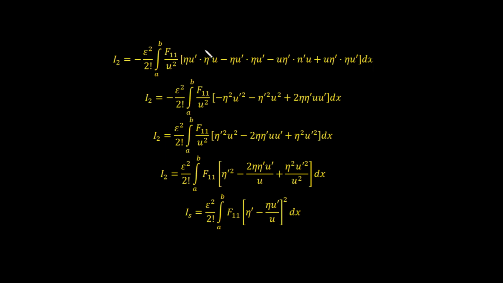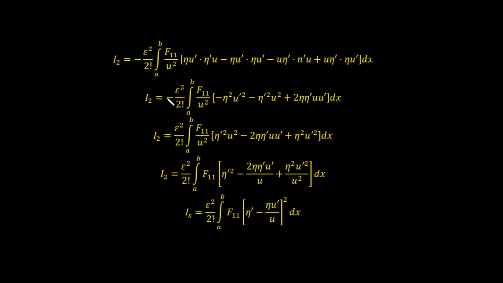A neat way of doing that is to try and get everything inside the bracket here as a square, because if it's a square, then the value of all this stuff will have to be positive. So we're really wanting to complete the square on all of this. Let's go ahead and see how we're going to do that.